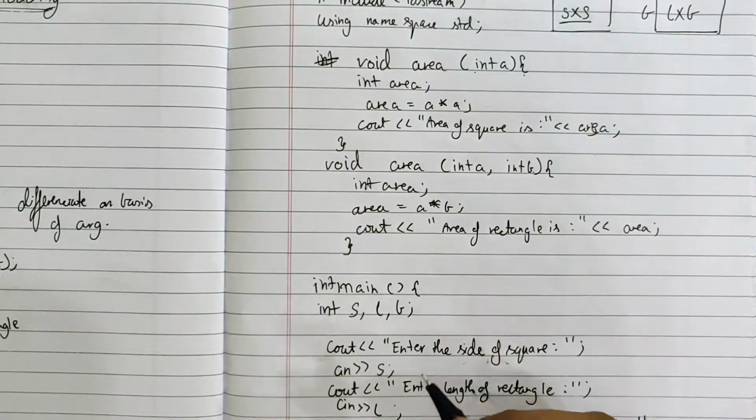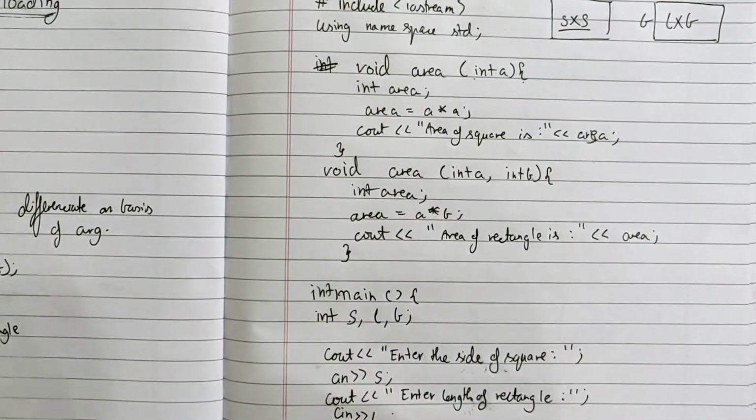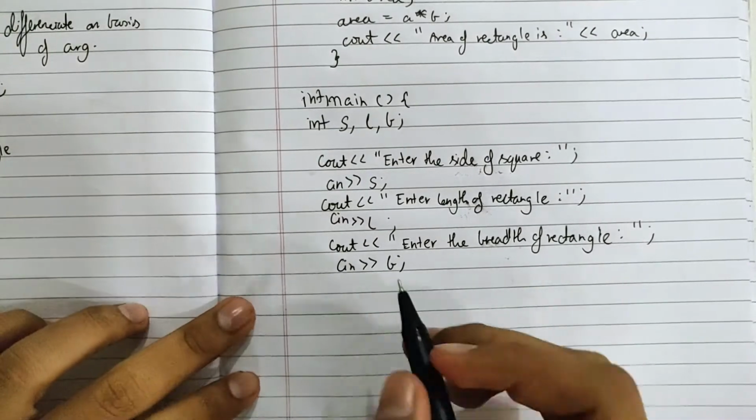and cout is done, and again a cin to take the value of breadth. Cool. So now that we have three values s, l and b, we can simply call our function.